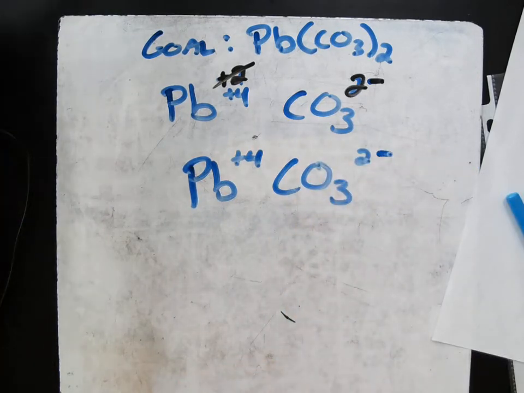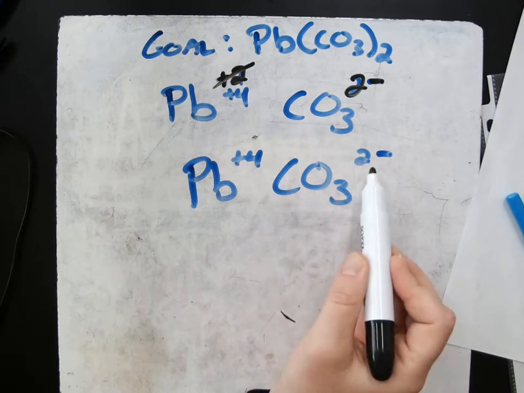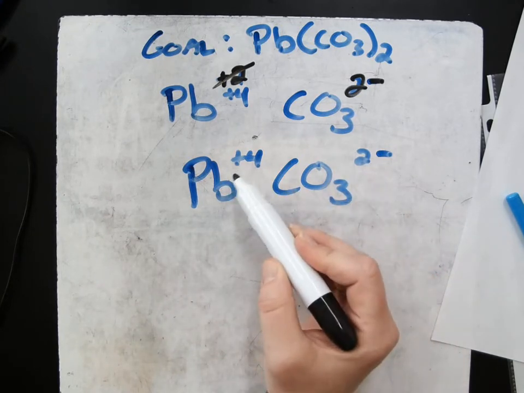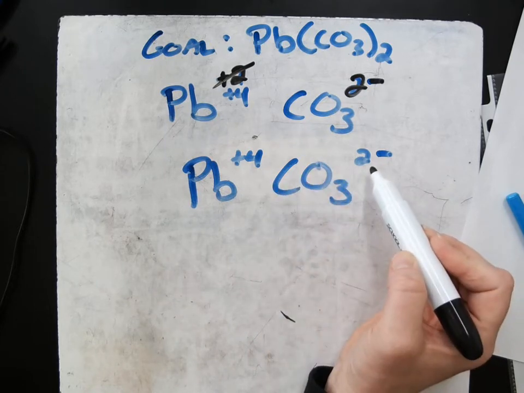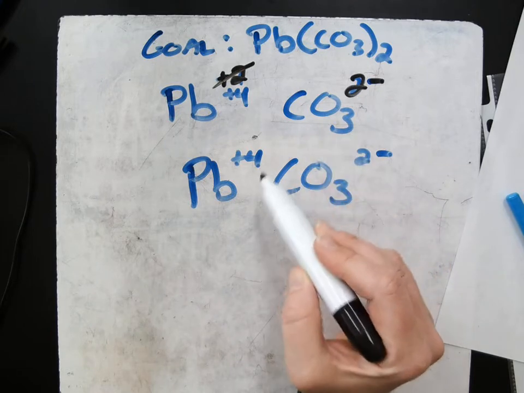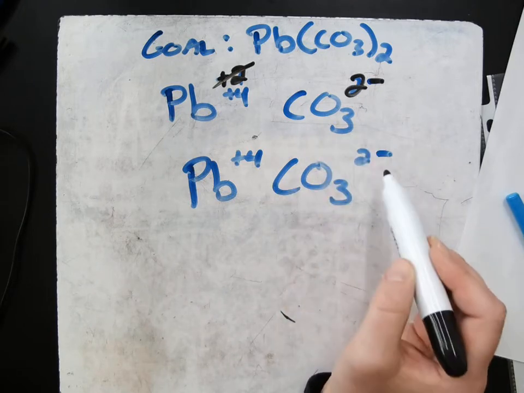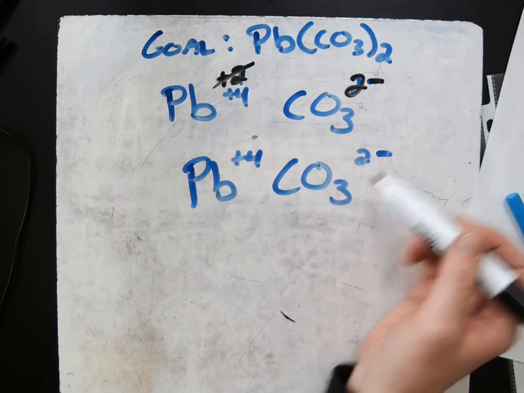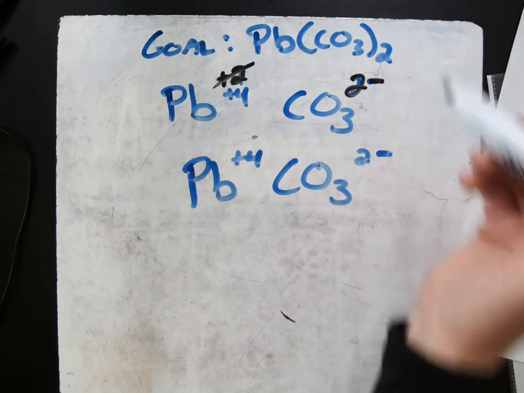I could cross these, or you could just think it out, right? +4 and -2. Don't I need 2 of the carbonate? If I had 2 of these carbonates, then I'd have a -4 to cancel out the +4.